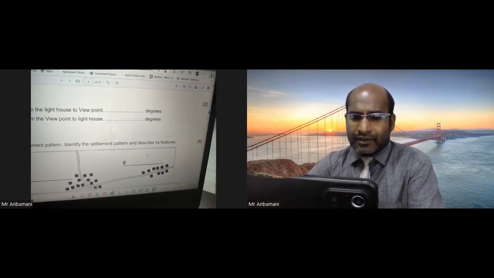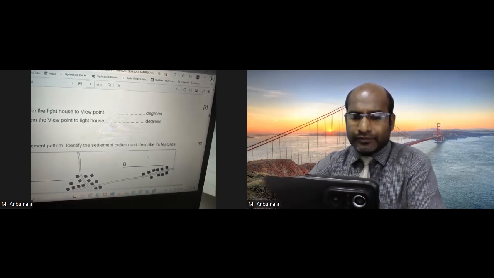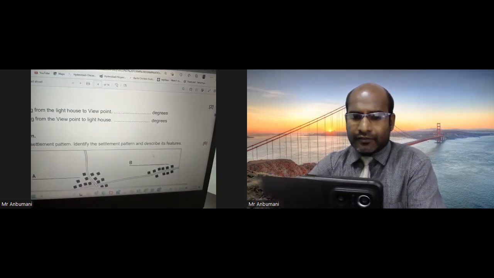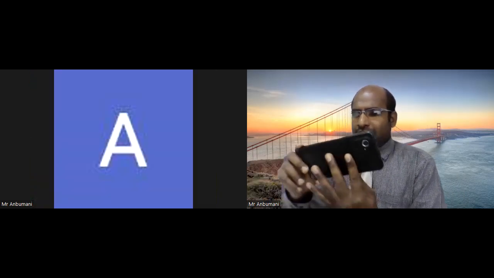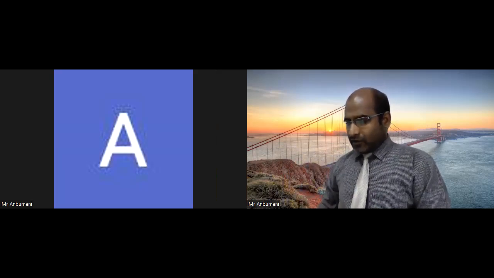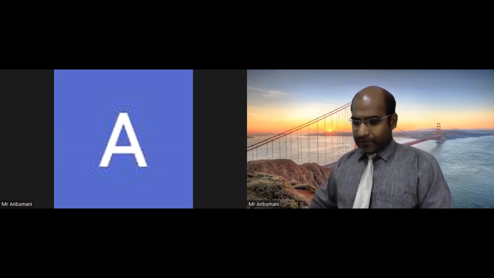Okay. Shall we work it out now? Yes, we'll begin. Give me some time. I'll take my topographic map. Yes, you need to look carefully here.